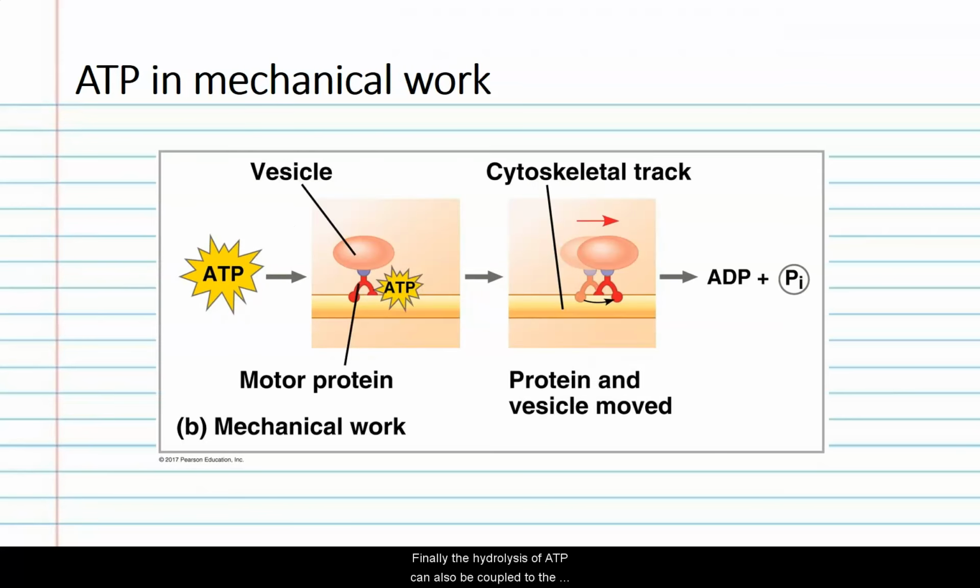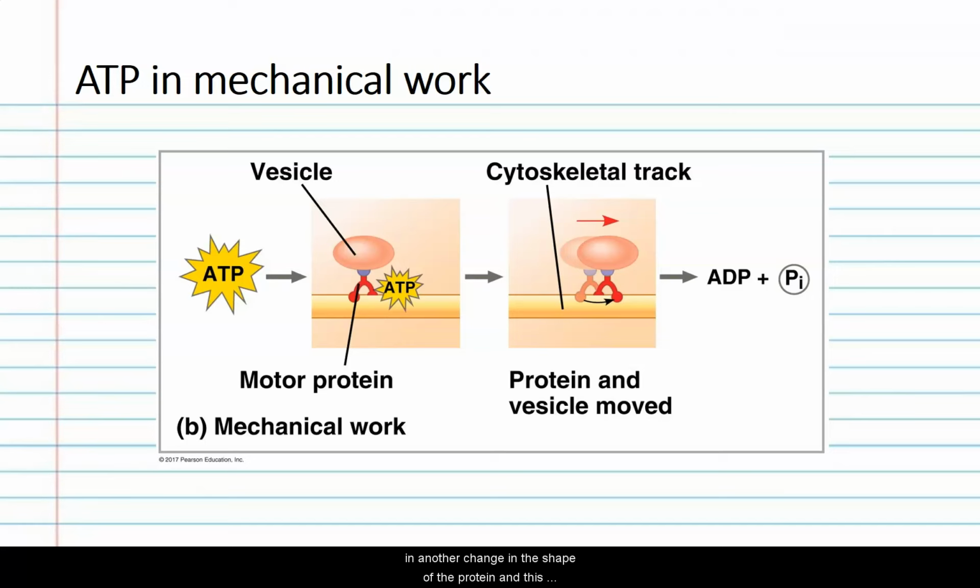Finally, the hydrolysis of ATP can also be coupled to the movement of our motor proteins. So these motor proteins, as they are interacting with ATP, the ATP binds, the motor protein changes shape, and then the release of the ADP and the inorganic phosphate results in another change in the shape of the protein.